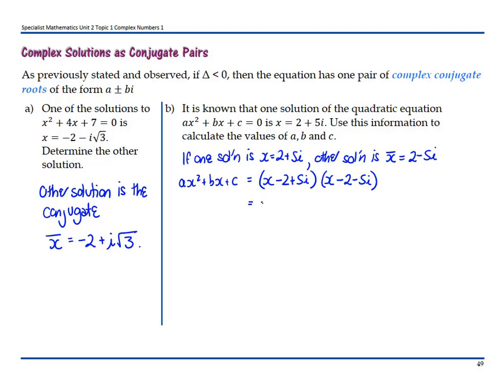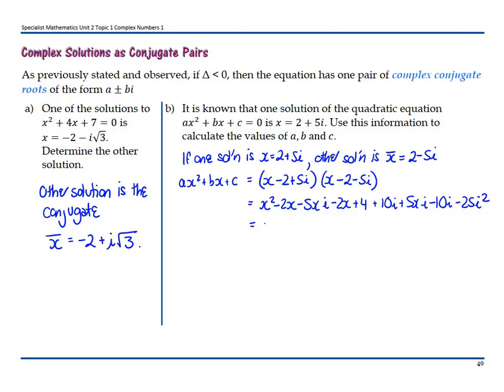Okay, so we have x squared minus 2x minus 5xi minus 2x plus 4 plus 10i plus 5xi minus 10i minus 25i squared.